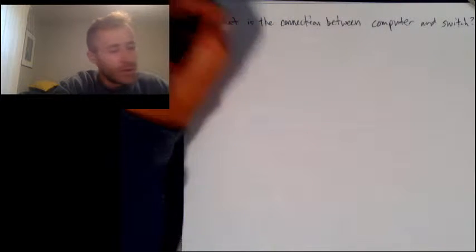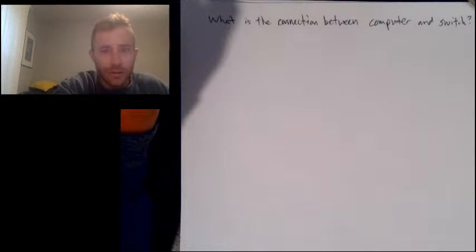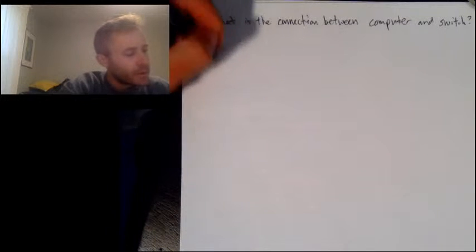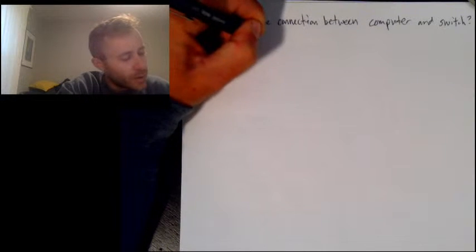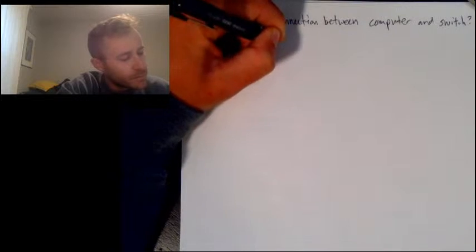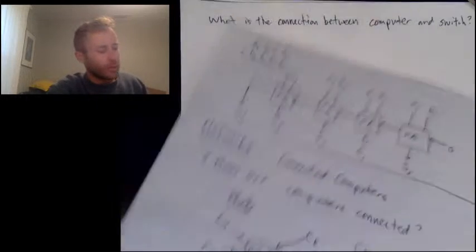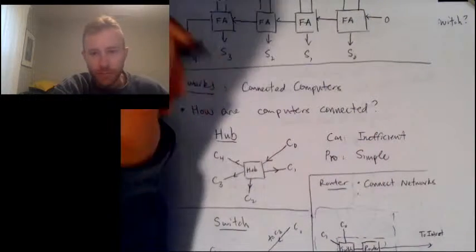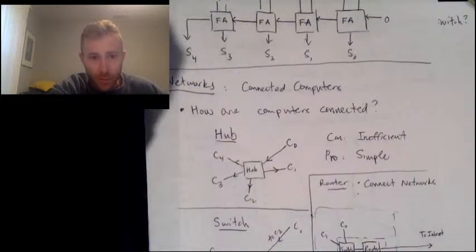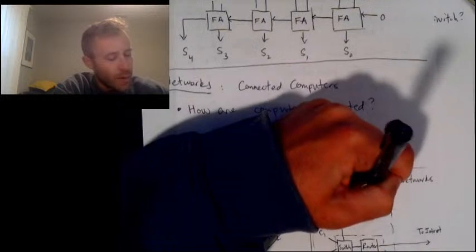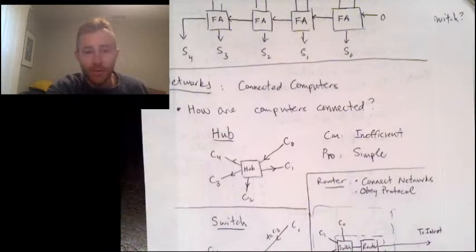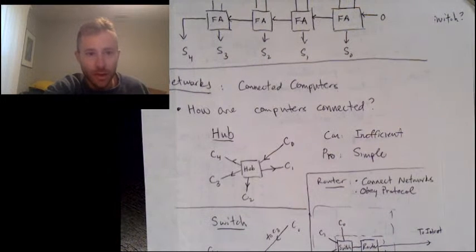So what is the form of this connection between the computer and the switch? Well, it could be an Ethernet cable. Oh, you know what? I forgot something when I was talking about routers. One of the important things about routers, because they connect networks together, is that they obey protocols. So a protocol is an agreed upon way that messages are going to be sent.